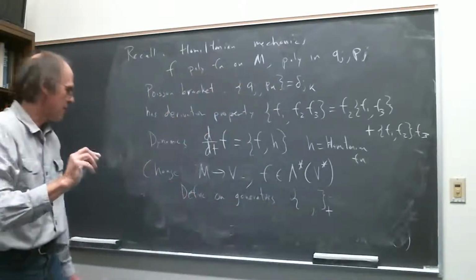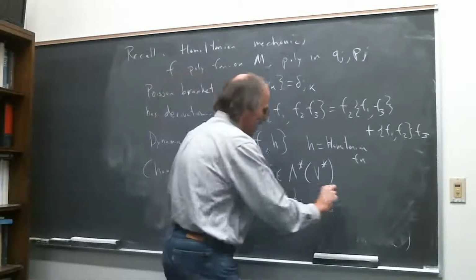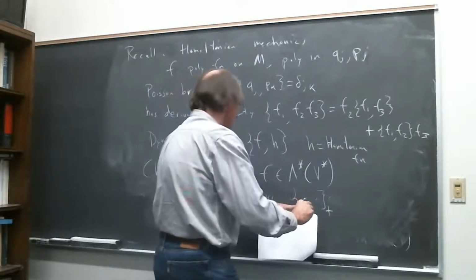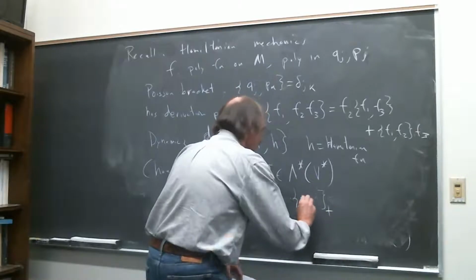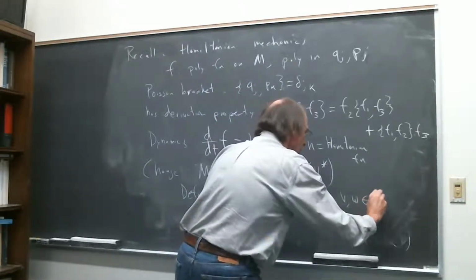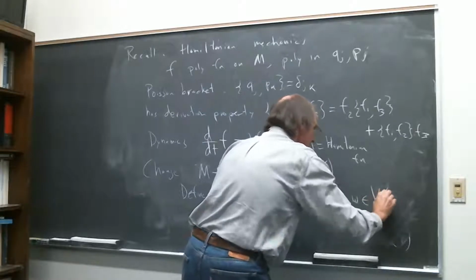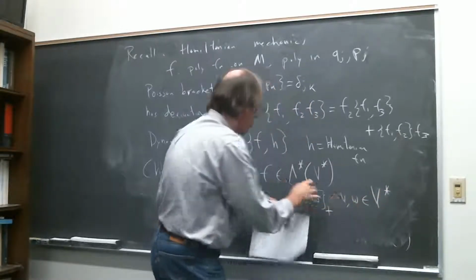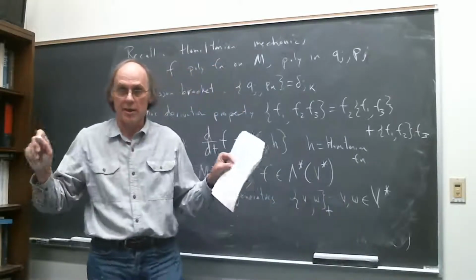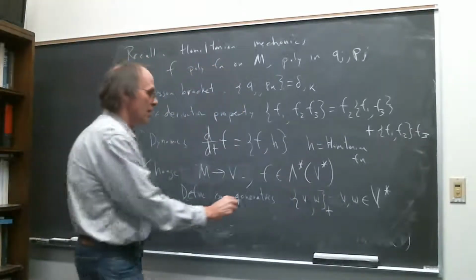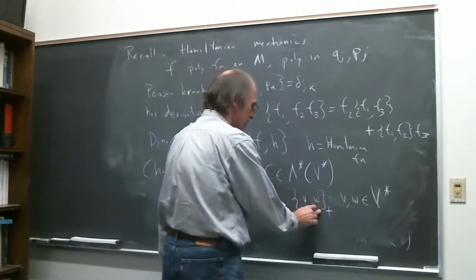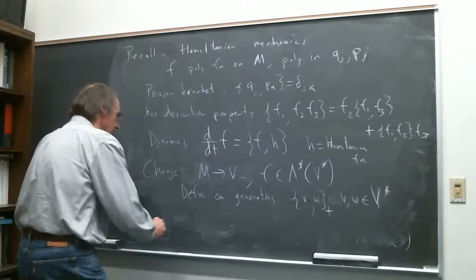I'm trying to decide what level of generality to say this at. But anyway, let's take V and W, elements of V star. These are just order-one things, things that you can write as some linear combination of the psi_j's. So you figure out what the bracket is on these.